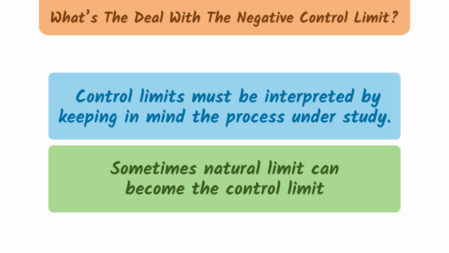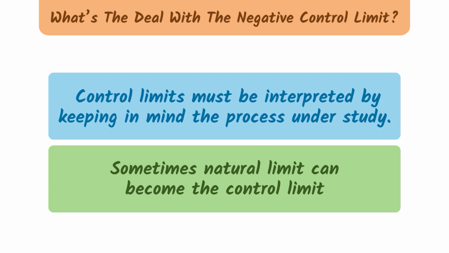Well, that's the beauty of mathematics. The formulas will give you a sheer mathematical answer, but then you will have to have knowledge of the process you are monitoring or working with, and the common sense to interpret these limits. In this case of patient no-shows, we are studying the process around patient no-shows. The value can never be negative.